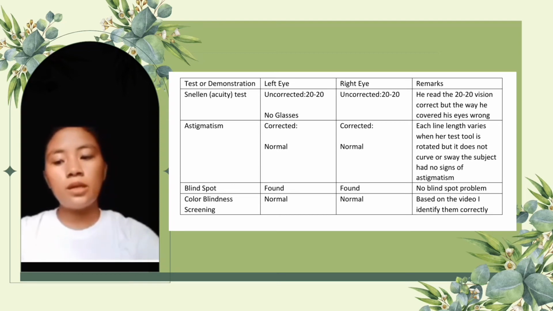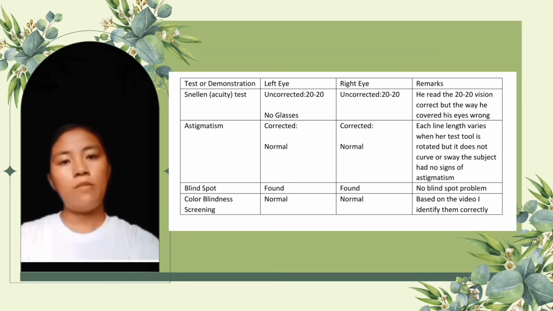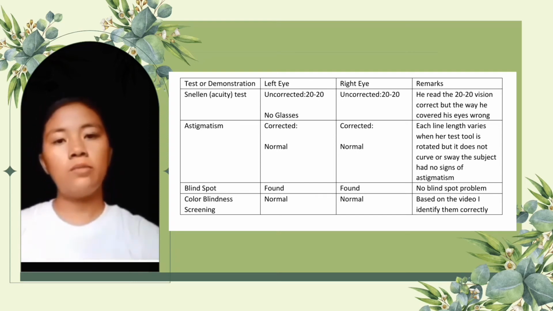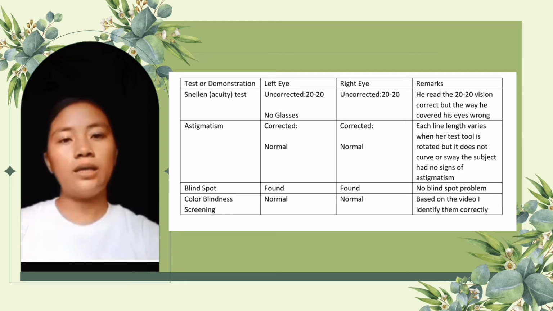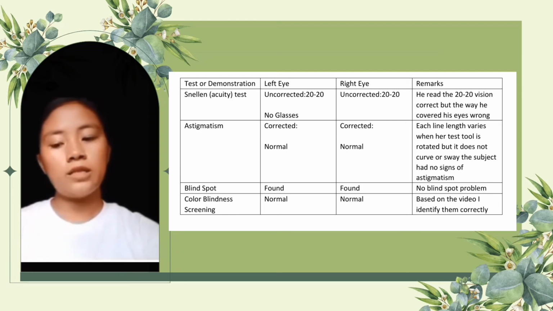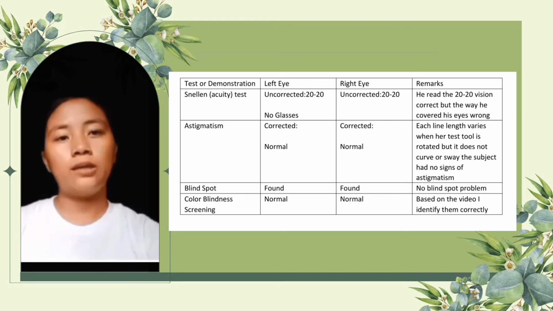The subject had no sign of astigmatism. Blind spot: left eye found, right eye found. Remarks: no blind spot problem. Color blindness screening: left eye normal, right eye normal. Remarks: based on the video, I identified them correctly.